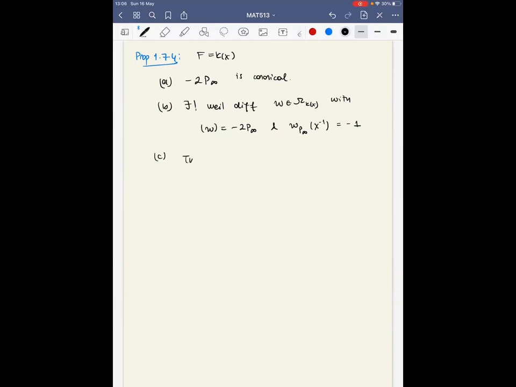We can also determine the local components of this Weil differential omega at p infinity and the other rational places pa.